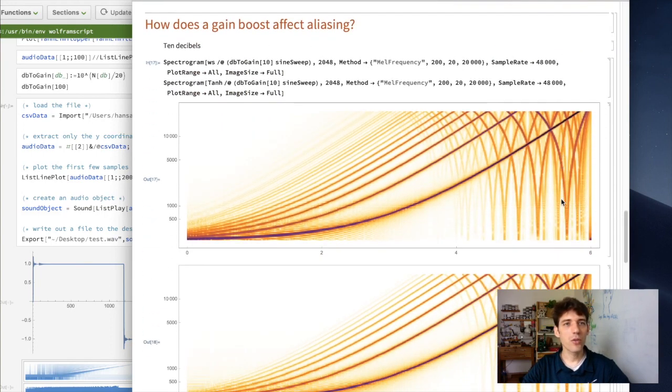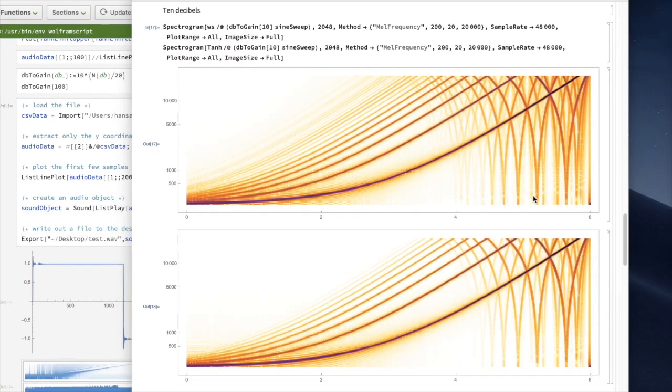Now here we look at what would happen if we boost the gain. So I'm adding a 10 decibel gain boost, and this is the polynomial wave shaper, and this is the hyperbolic tangent. And you can see as soon as you, let's say, break the rule and go outside that digital audio limit of -1, +1, the polynomial wave shaper doesn't do well at all.